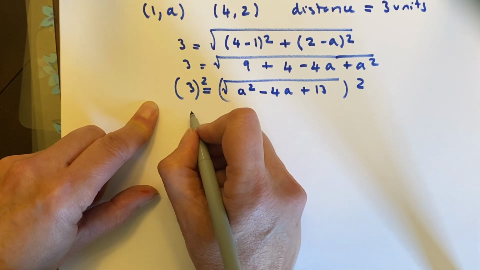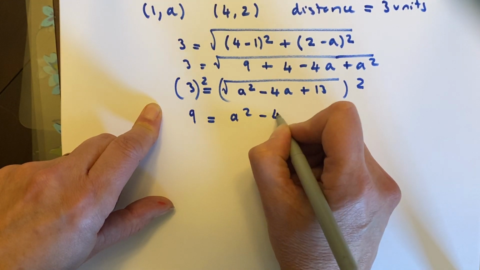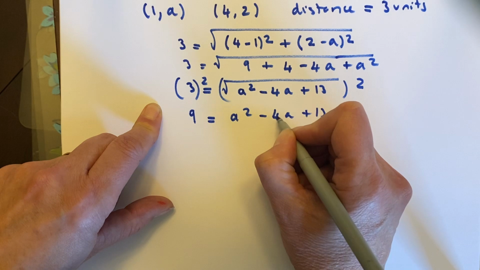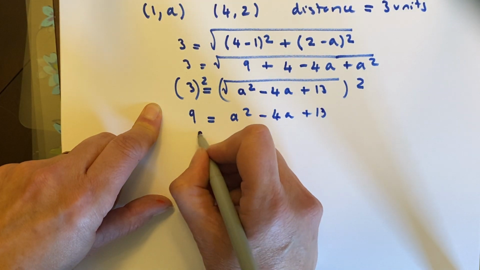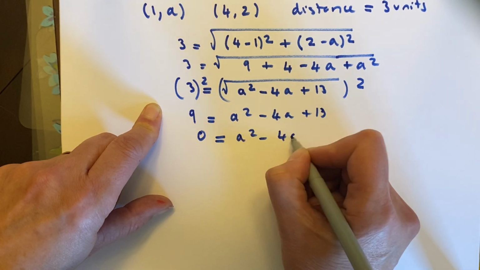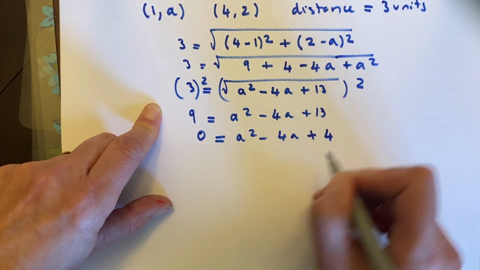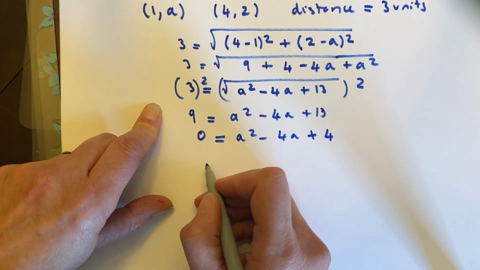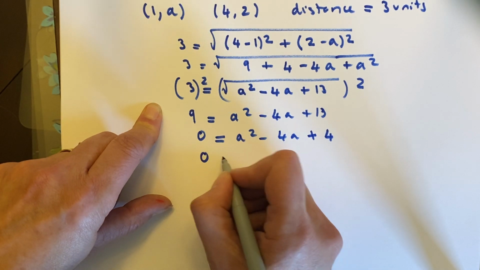And when I do that, I get 9 equals a squared minus 4a plus 13. And I subtract 9 from both sides and get 0 equals a squared minus 4a plus 4. And that's looking suspiciously like a perfect square trinomial. Let's see.